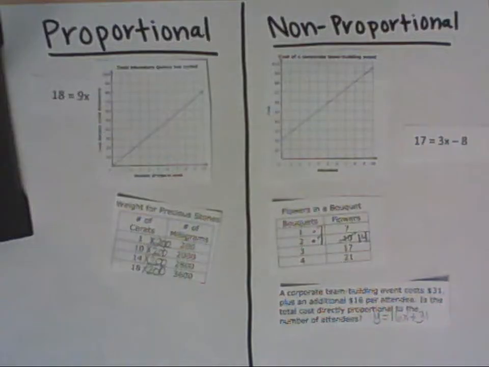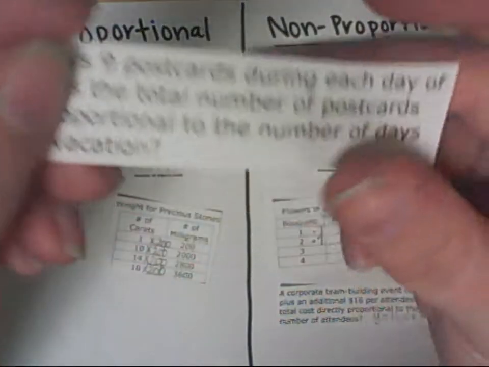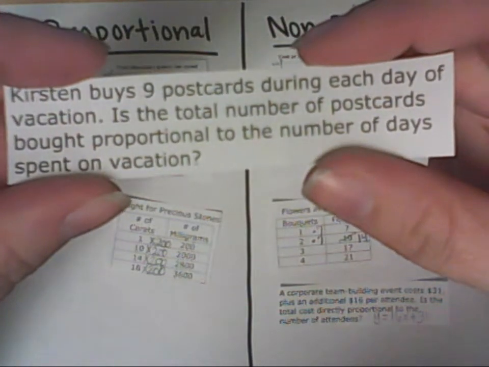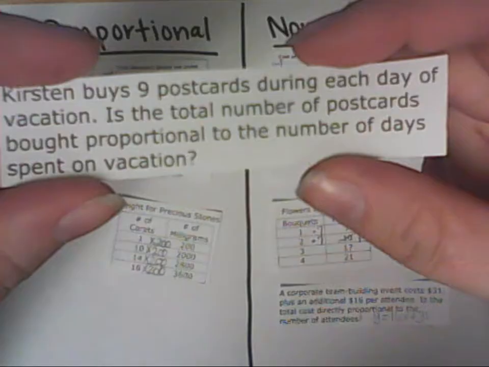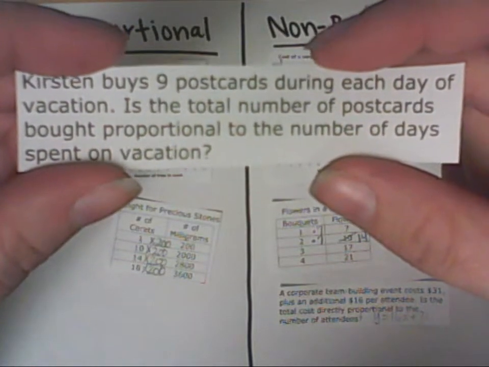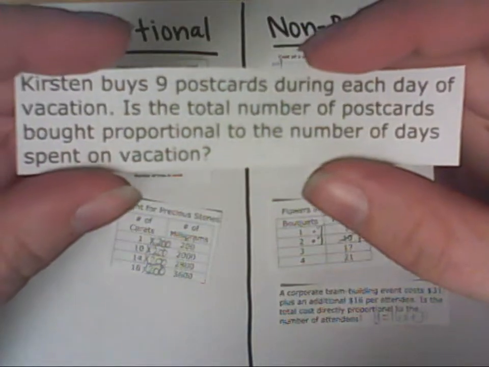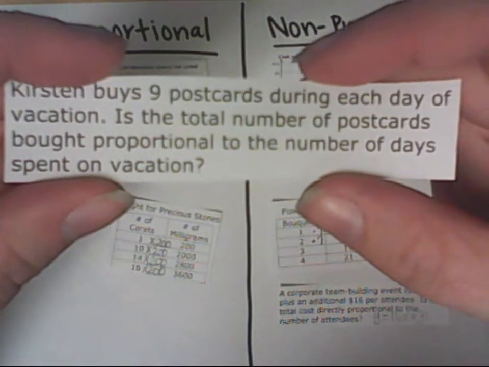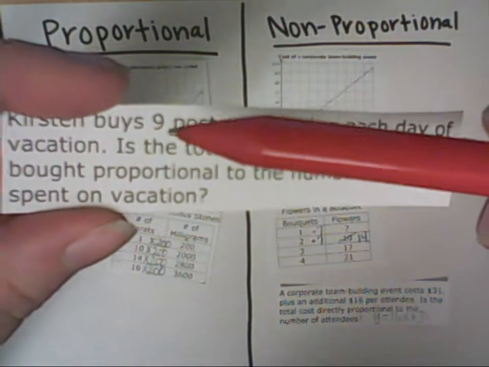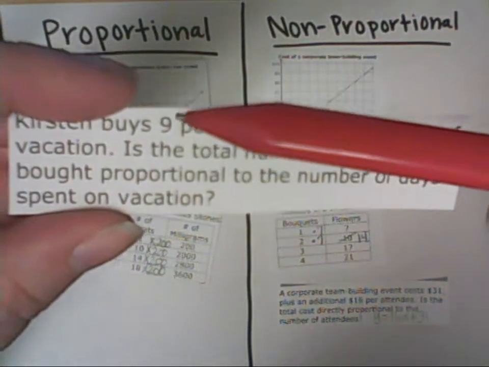One more, guys. We're almost done. And it's a word problem, so we have to read carefully. Kirsten buys 9 postcards during each day of vacation. Is the total number of postcards bought proportional to the number of days spent on vacation? So, guys, if she spent 1 day on vacation, how many postcards? 9, okay.